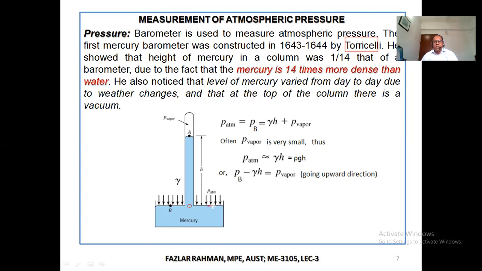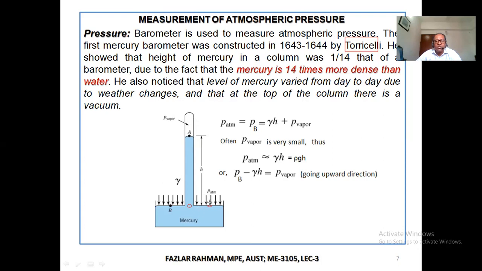This is your atmospheric pressure. But after keeping it for some days, he realized that the height was gradually falling. What was the reason? Then he figured out that this mercury creates some vapor inside. And the vapor also has some pressure, it is trying to push the mercury down too. That's why he observed that it was gradually going down.